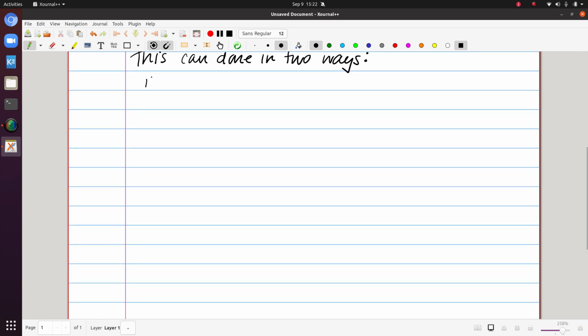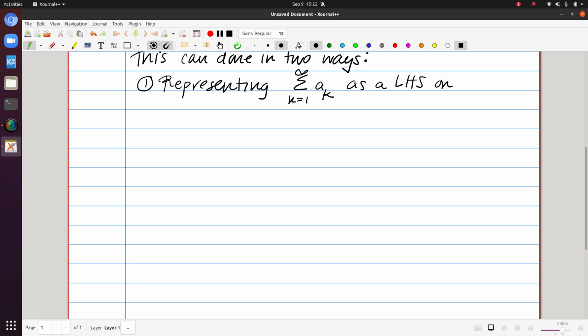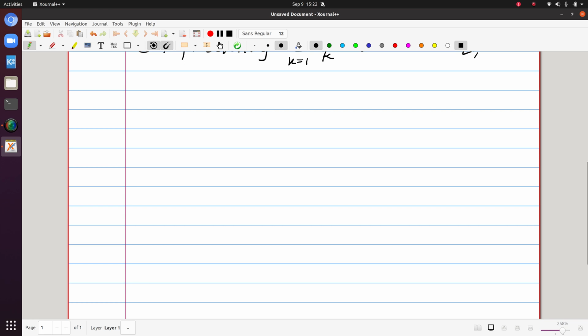So the first way is representing our sum as a left-hand sum on the interval from 1 to infinity. Again, I want to consider a graph of this f of x.